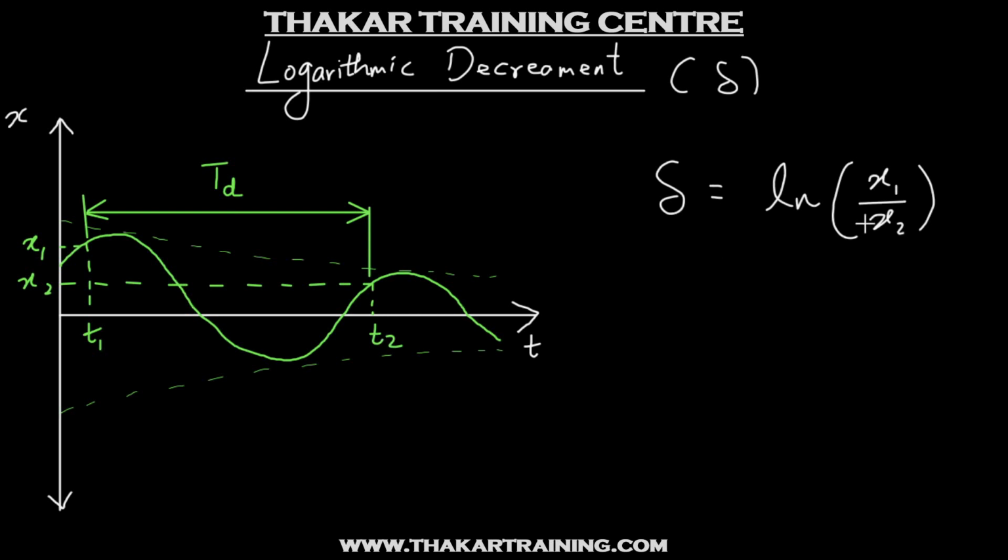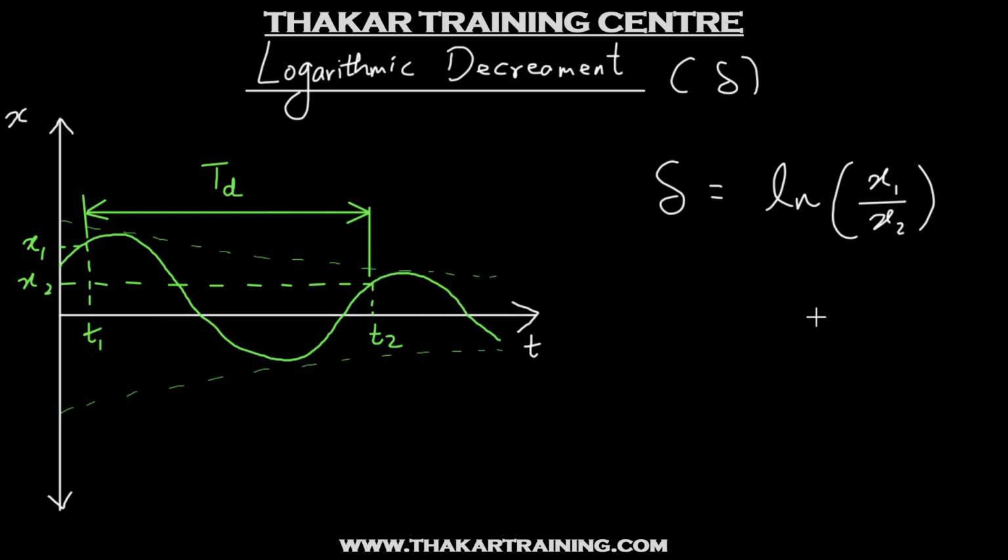So we have delta equal to log of x1 by x2. x1 is the amplitude of vibration at time t1, x2 is the amplitude of vibration at time t2, and log of x1 upon x2 is nothing but the logarithmic decrement. Your t1 and t2 should be separated by one time period. You can select any such two time instants which are separated by one time period. Alright. So now let's try to get the expression for delta then.